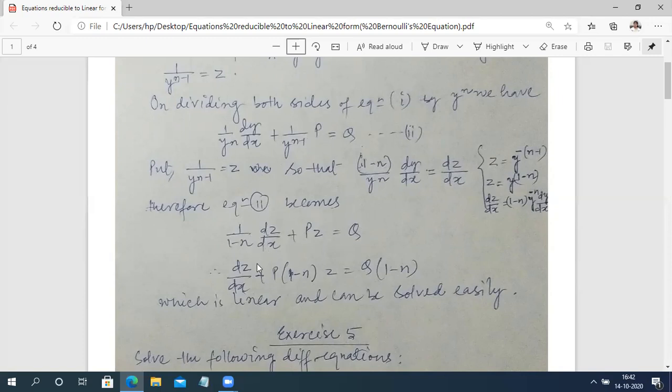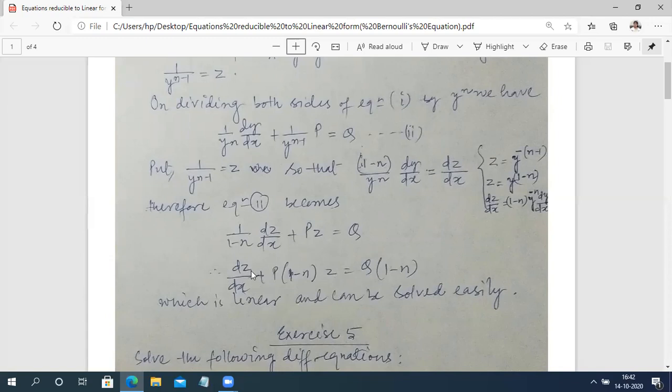It will be dz/dx + P(1-n) z, where P is a function of x only, equal to Q(1-n). Is it clear? Now this is a linear differential equation in z.